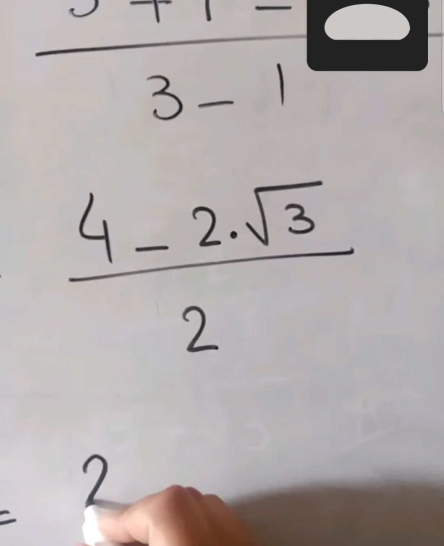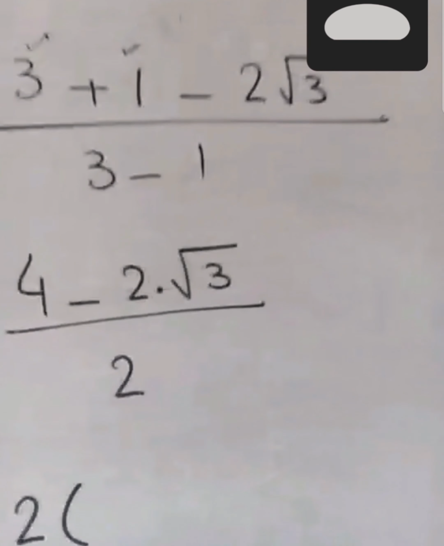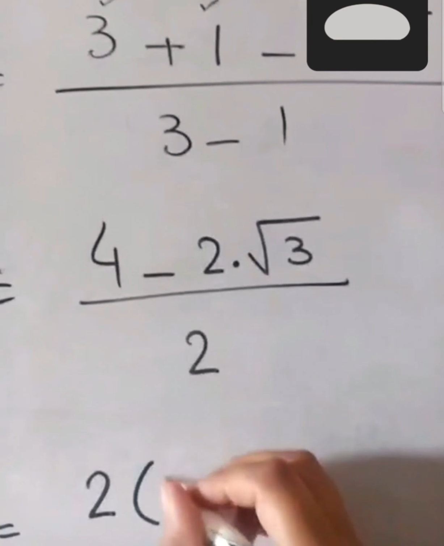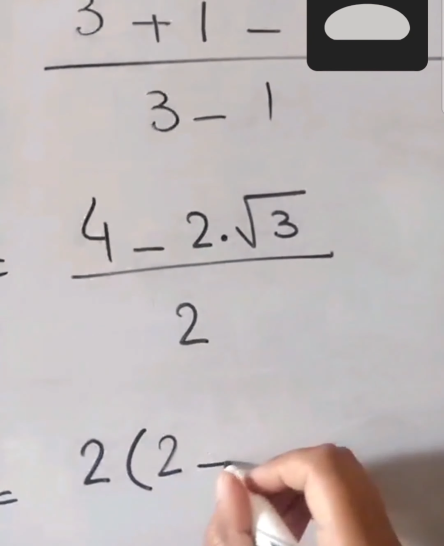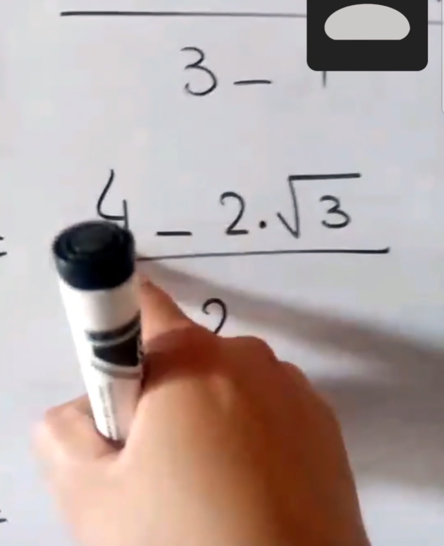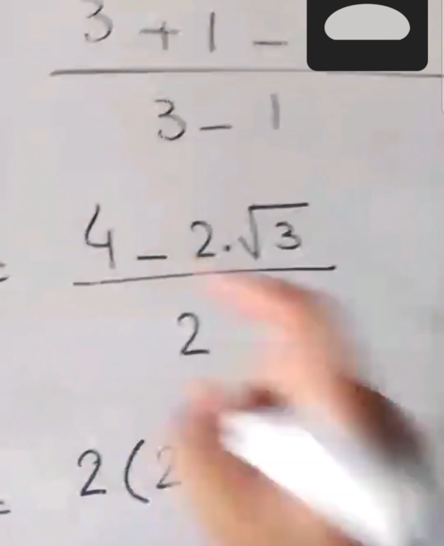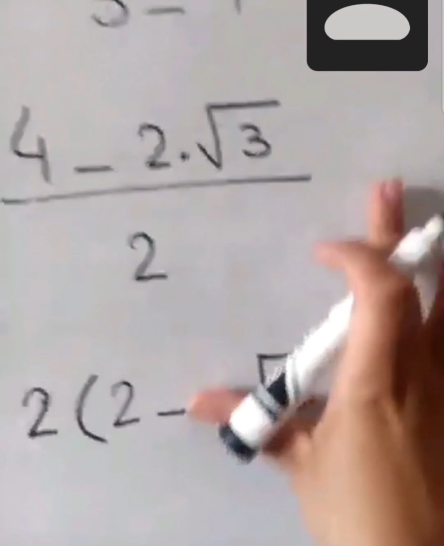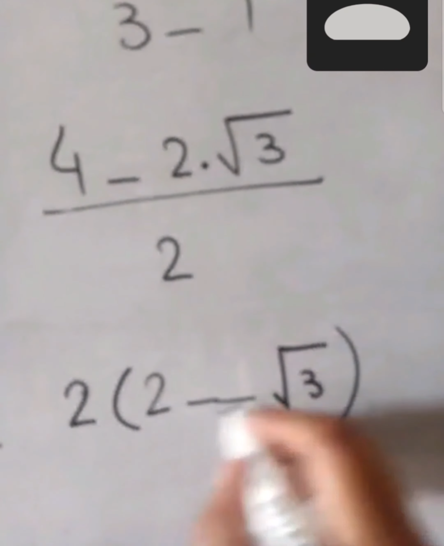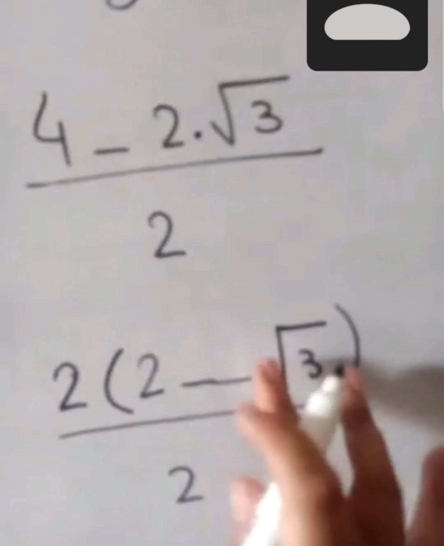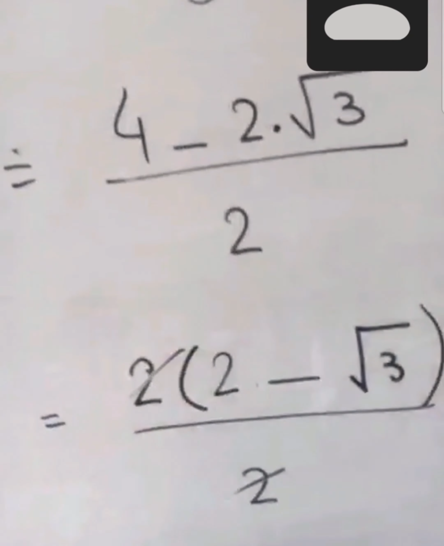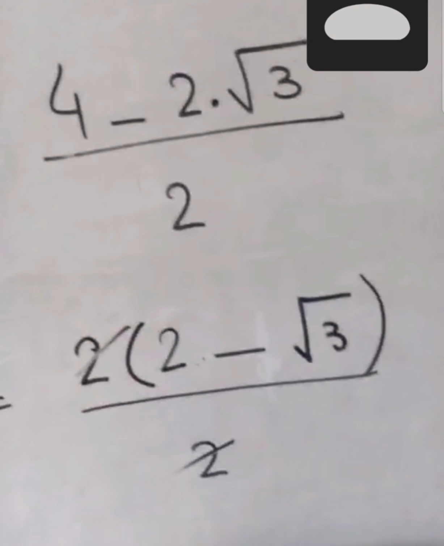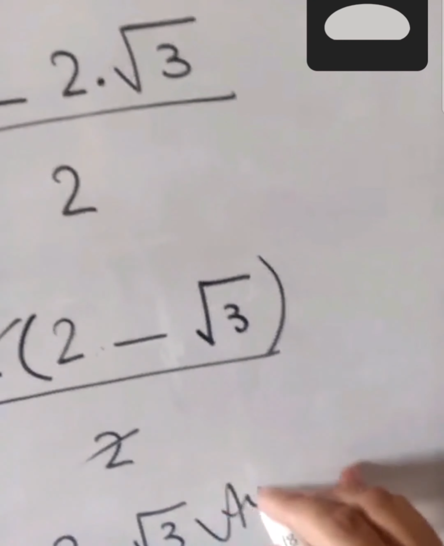Both 4 and 2 come in the table of 2, so we take 2 common. 2 times 2 is 4, minus 2 times 1 is 2, and what is left is square root 3. So no need to write 1 here. 2 minus square root 3 divided by 2. This 2 cancels out with this 2, and 2 minus square root 3 is your answer.